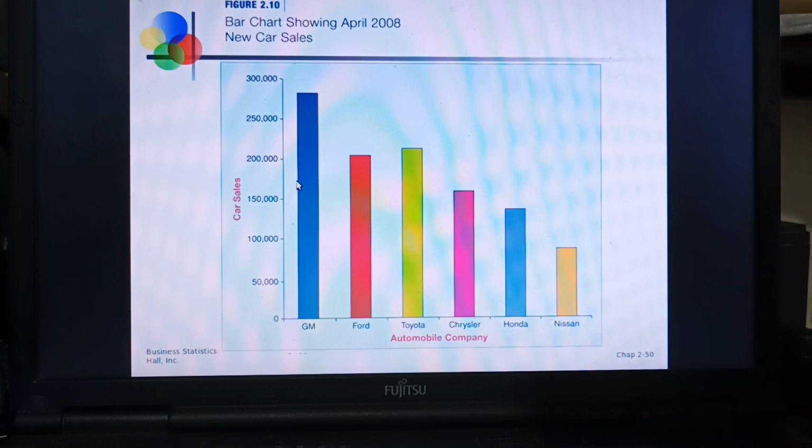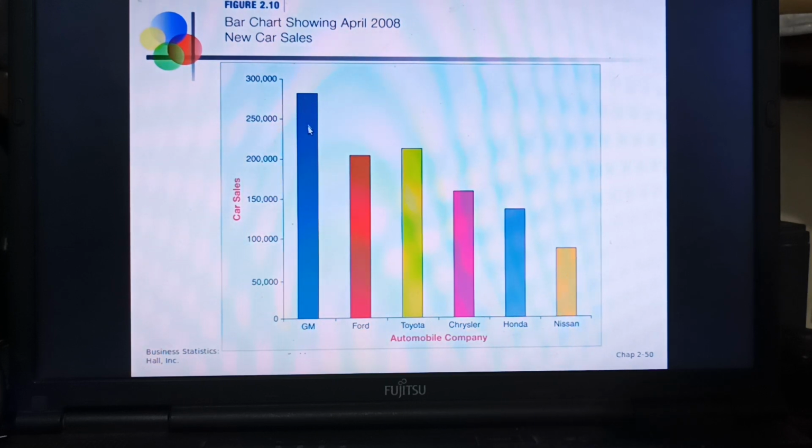When the table is turned into a bar chart, it looks something like this, where the GM, or General Motors, can be visually seen, as it's easy to detect the differences visually.